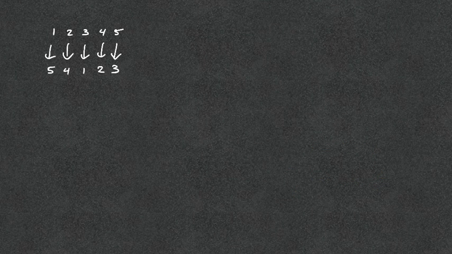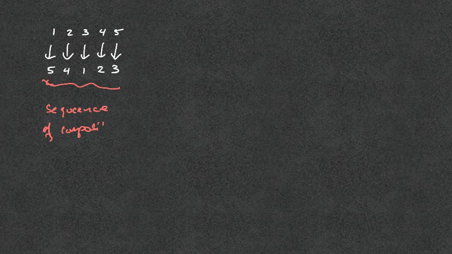Now what we want to do is to take this permutation that we have, and we want to write that as a sequence of compositions of transpositions. So we can think of these transpositions as being kind of the simplest permutations that we can possibly have.